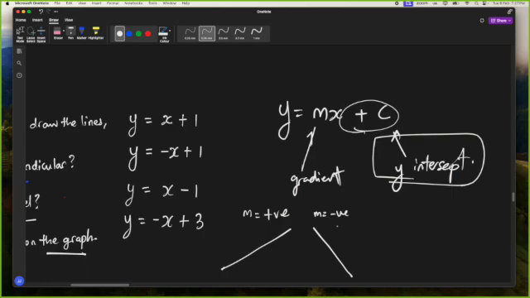The problem is, what about horizontal lines and vertical lines? Lines that are perfectly horizontal will have a gradient of 0.